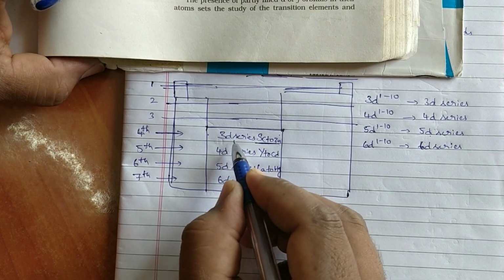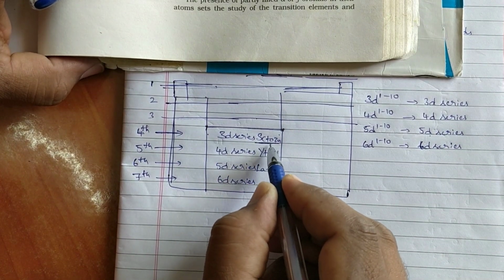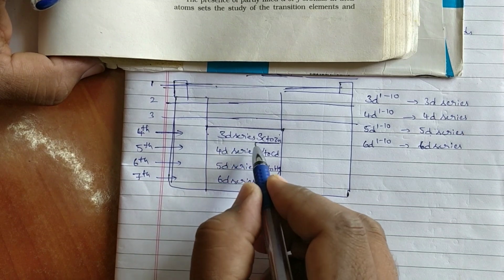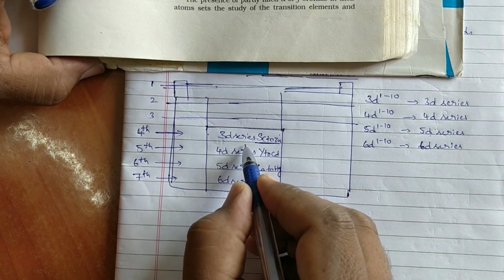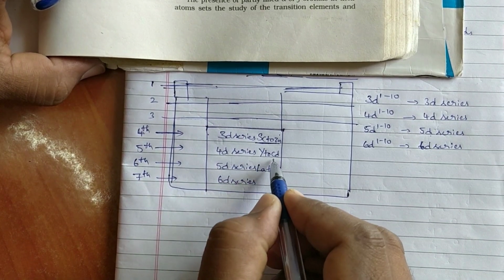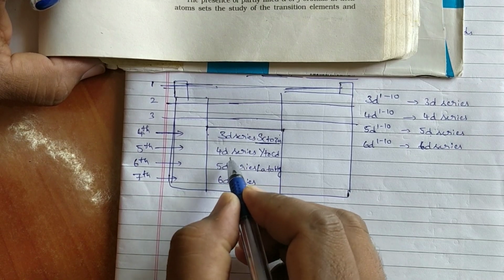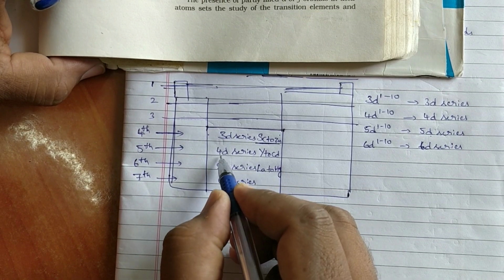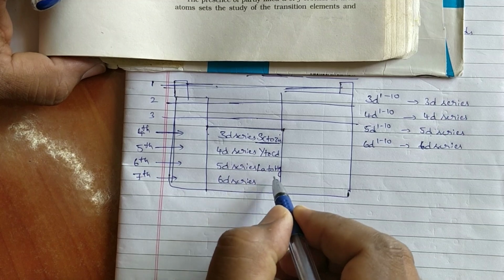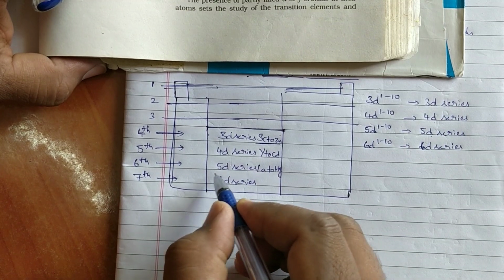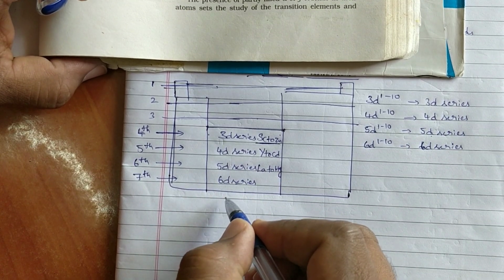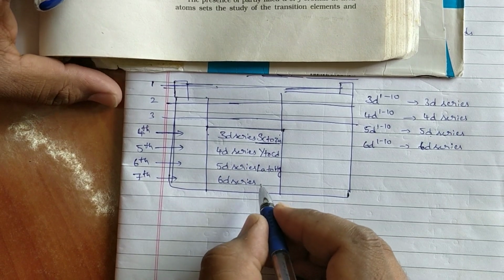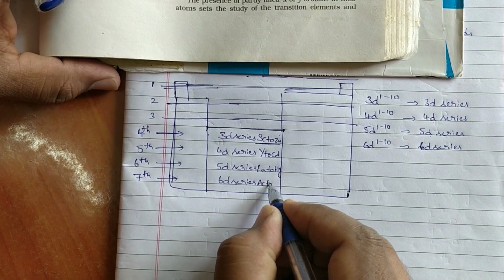Scandium to zinc, a total of 10 elements, belong to the 3D series. Their configurations are 3d1 to 3d10. Yttrium to cadmium, their configurations are 4d1 to 4d10. They belong to the 4D series. Lanthanum to mercury belong to the 5D series. And coming to the 6D series, cerium to lutetium except cerium, that means actinium to lutetium.